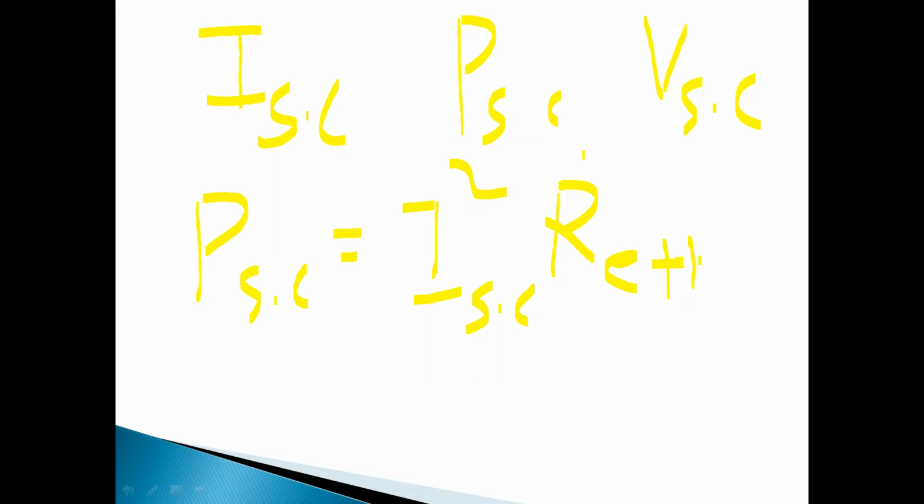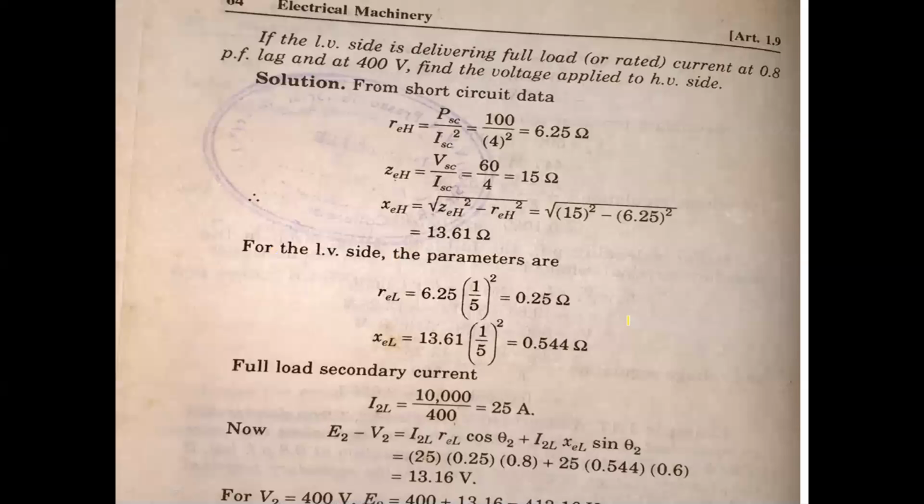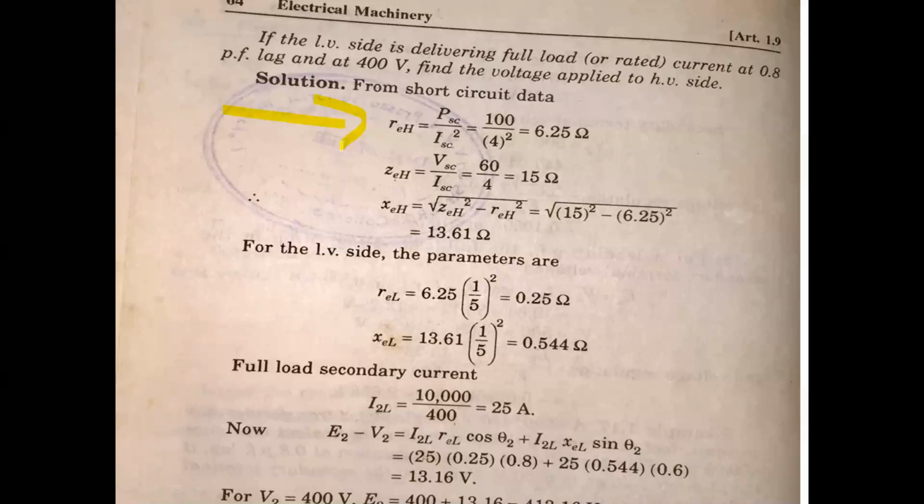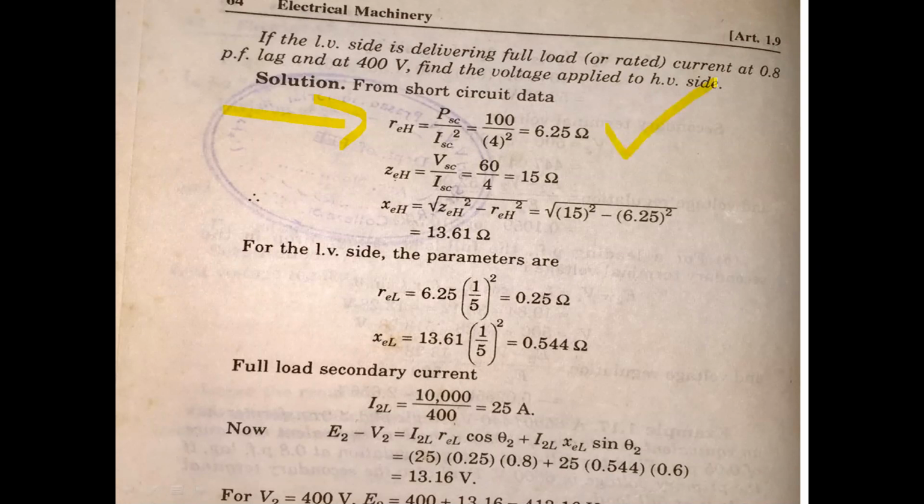So R equivalent equals PSC by ISC squared, with power 100 watts and current 4 amperes. This is the equivalent resistance.